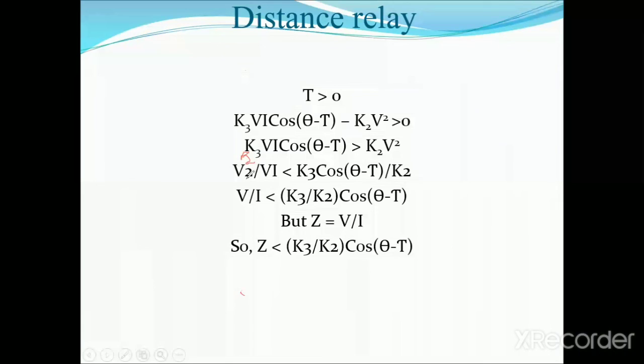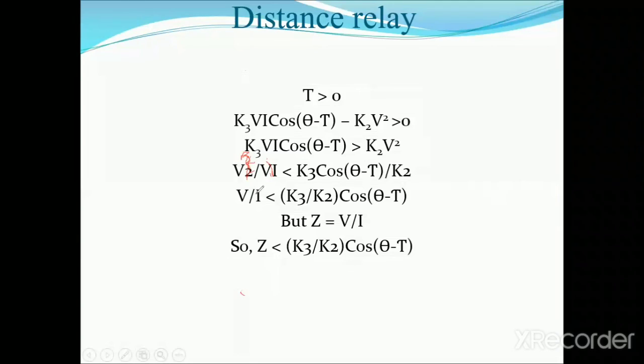V square by VI is less than k3 cos of theta minus tau by k2. Next, V by I is less than k3 by k2 cos of theta minus tau, where V square and V cancel.